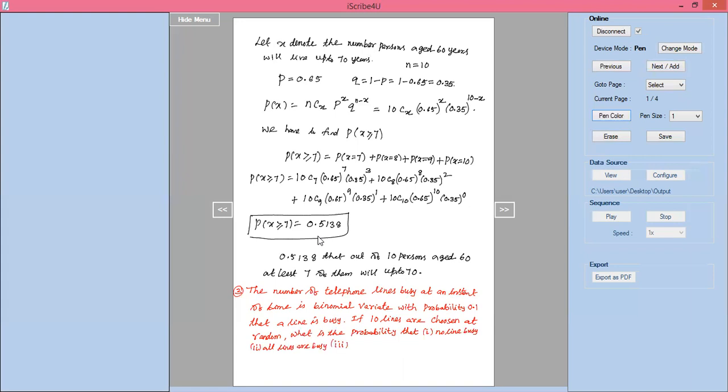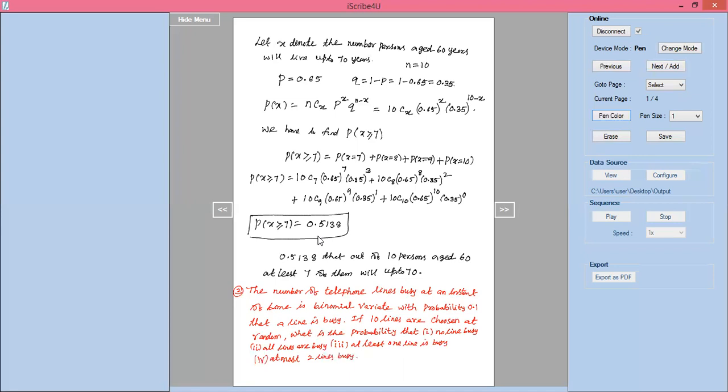Third, at least one line is busy. Fourth, at most two lines are busy.